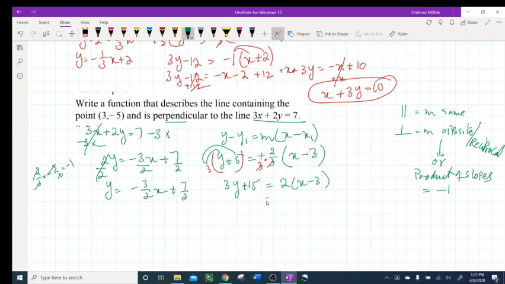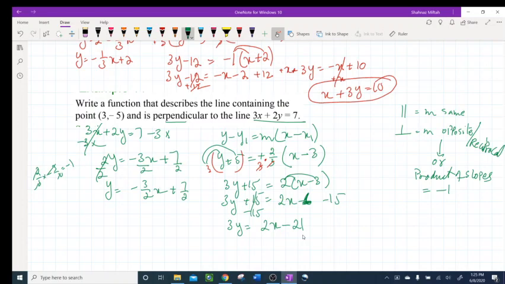Now I'm going to distribute that one too. So 2x minus 6 plus 15 and 3y. Now you subtract 15 from both sides. This is 6 actually, -6. So they cancel. I got 3y equals 2x, -6 minus 15 is -21.